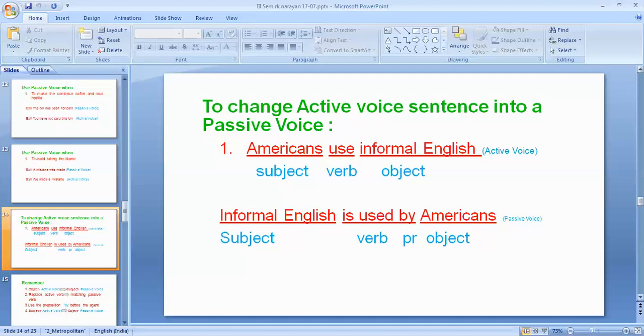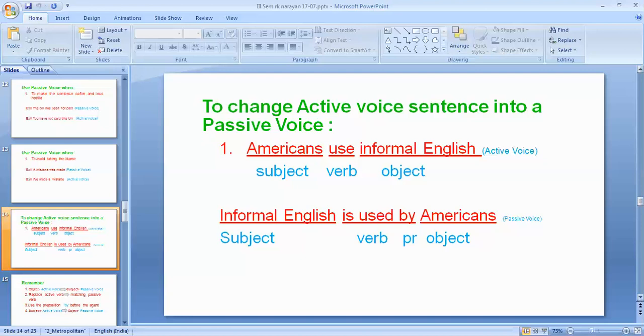So in this way, the object of active voice becomes the subject of passive voice, and the verb changes into its correct corresponding form, and the subject becomes the object. So in this way, we can change a sentence from active voice into passive voice and a sentence in passive voice to active voice.